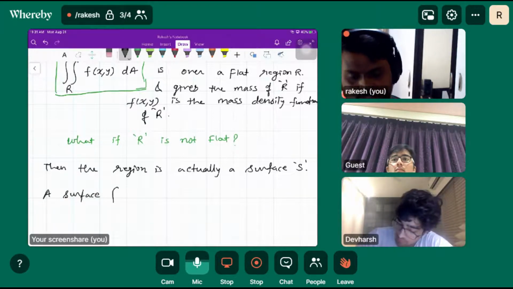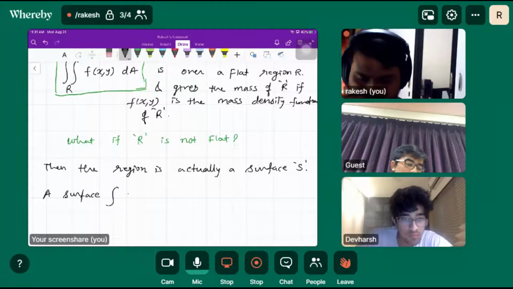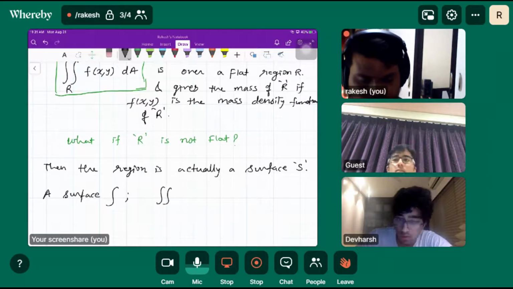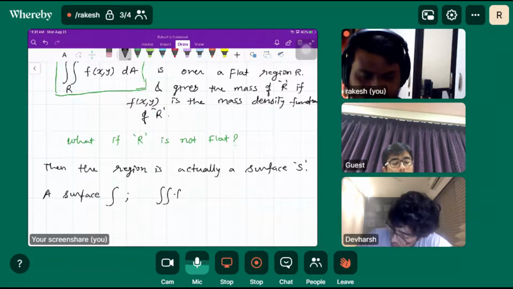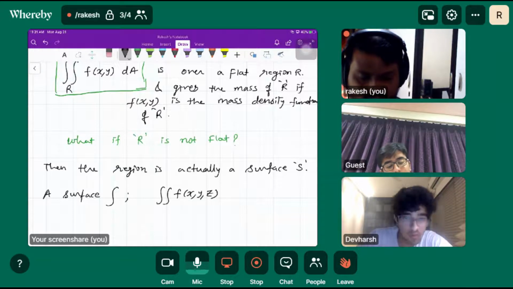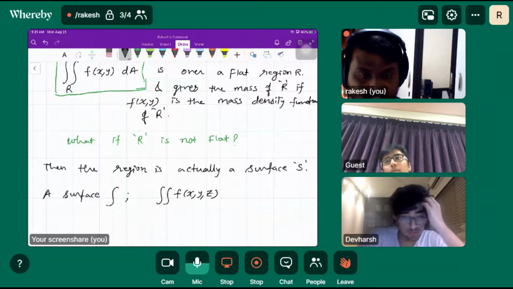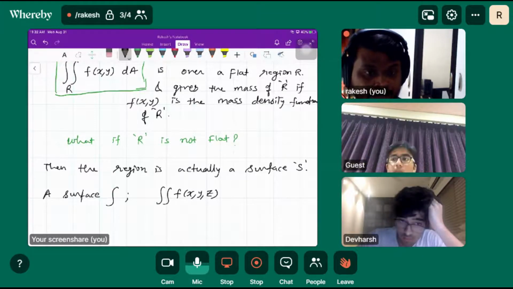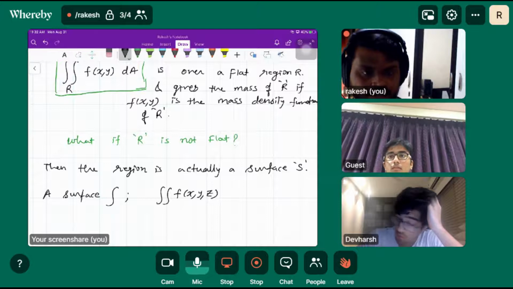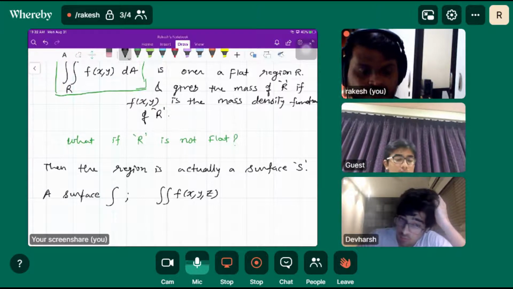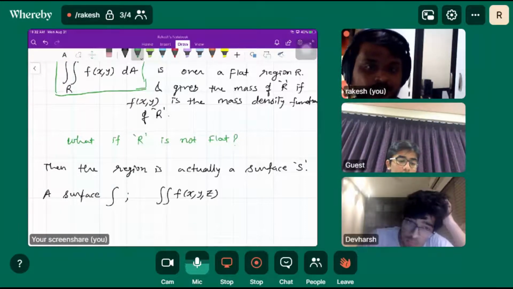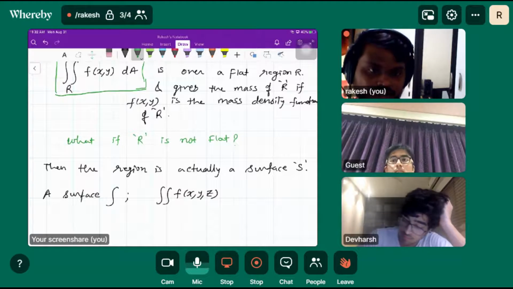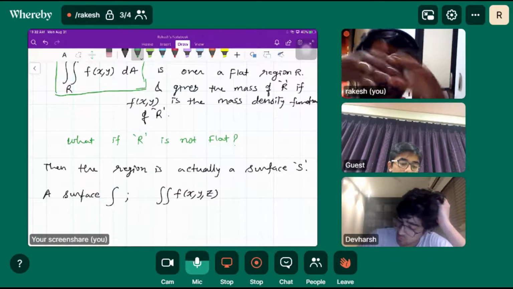A surface integration is basically this f of x comma y comma z, the mass density function of the surface. So I would integrate over the surface, because that surface is not flat now. That surface is a curved surface.